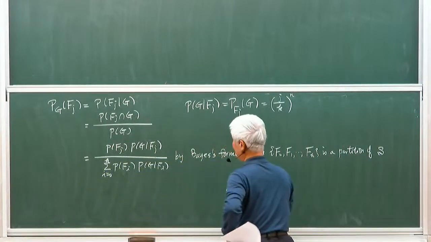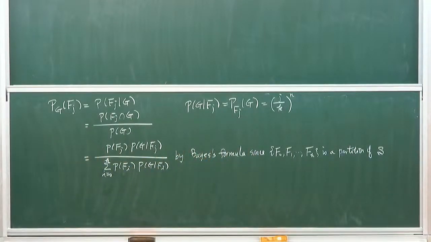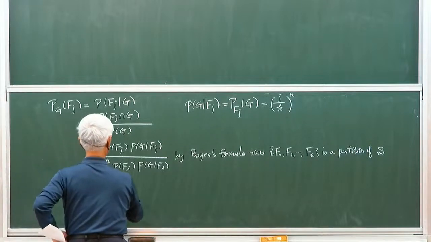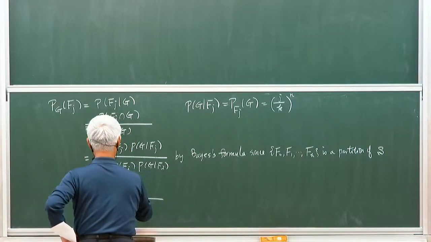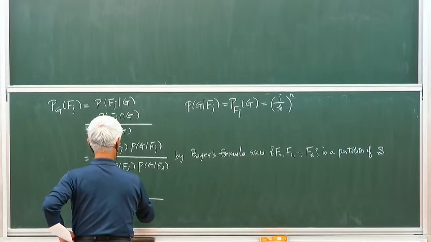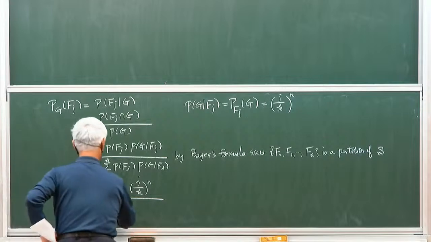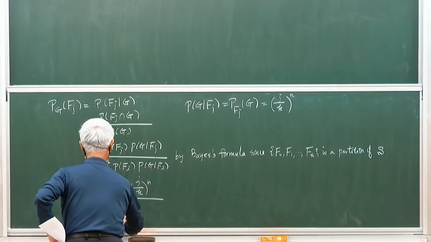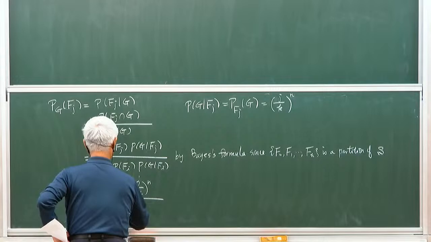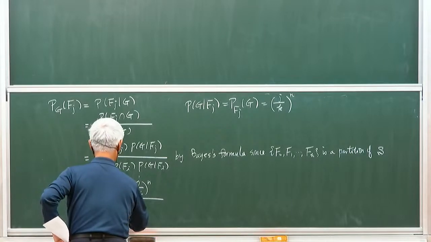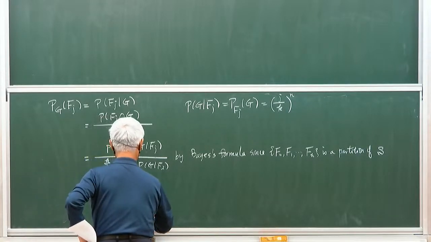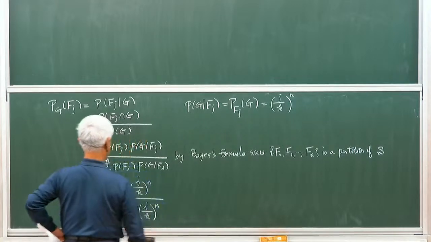And remember that the coin is selected randomly. So now we have 1 over k plus 1 times j divided by k to the nth power, and the denominator is the sum over i from 0 to k of 1 over k plus 1 times i divided by k to the nth power.